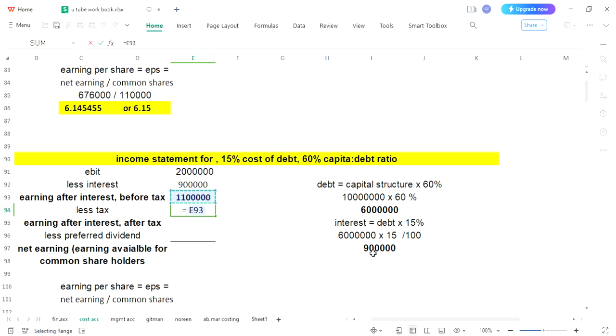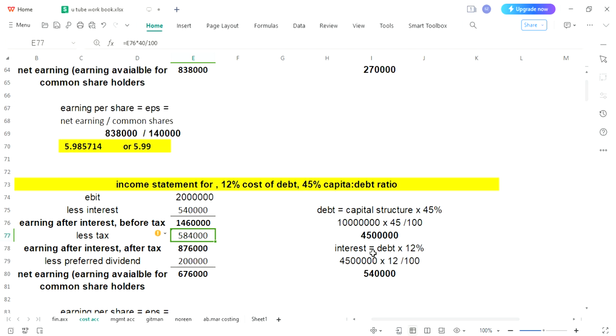Your previous income was 11 lakh, and then you will multiply it with 40 and divide it with 100. So we have got our tax. After which we can calculate our earning after tax by subtracting tax from previous income. Your previous income was 11 lakh, and amount of tax which was calculated 4,40,000. We have got our earning after interest and after tax.